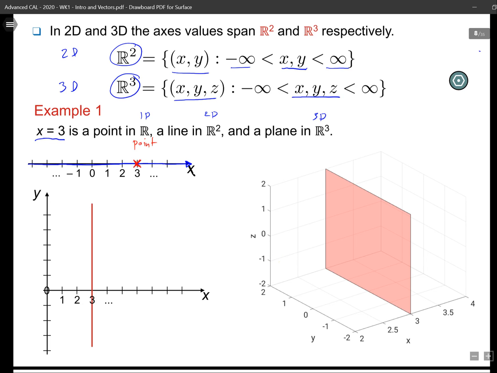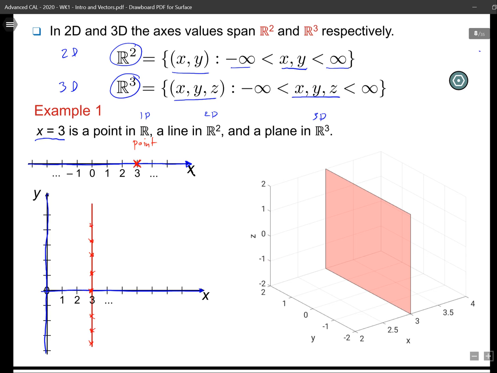What about in 2D? Let's find out. In 2D, we have 2 variables, and we have 2 axes. So right here, the x-axis, and here the y-axis. And the information that we have is x equals 3, and of course it's right here when x equals 3. But it turns out that right here x is also equal to 3, same here, here, all the way down here.